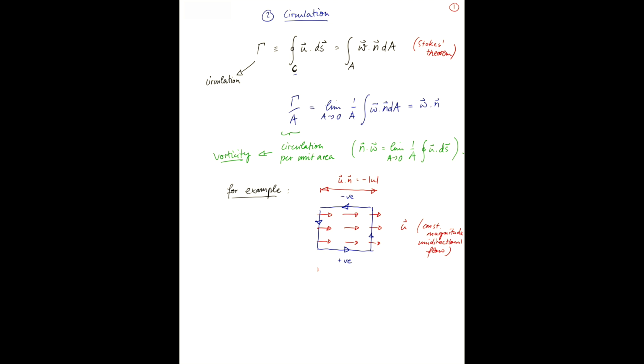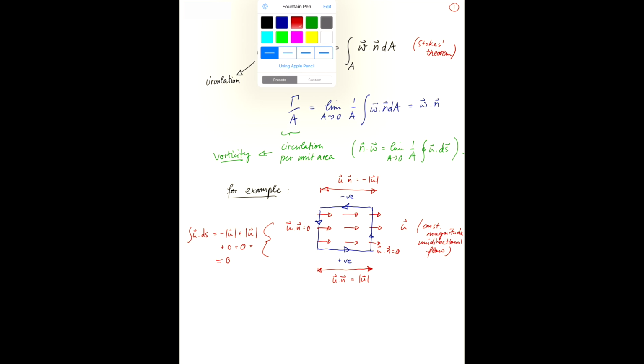Whereas down here for this line element, u dot n is positive, just the magnitude of u. For the two sides we know that u dot n is 0. So as a result the integral u dot ds is minus u plus 0 plus 0 plus u for the four sides, which is 0. So there's no circulation in this flow.